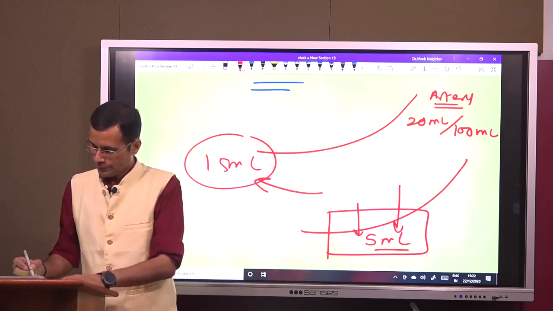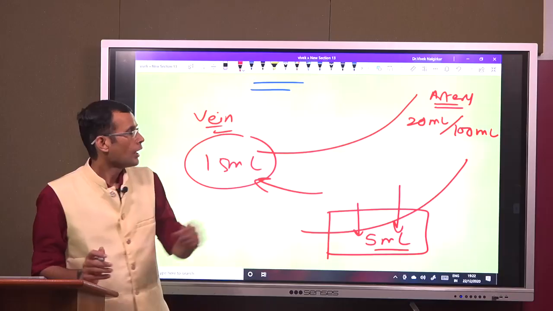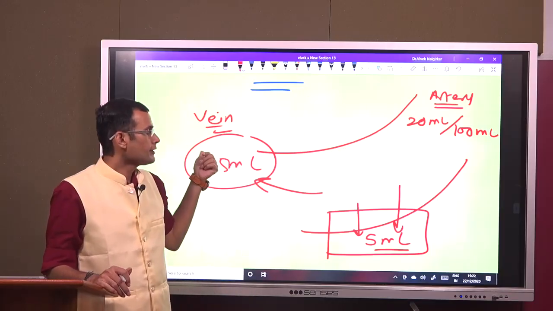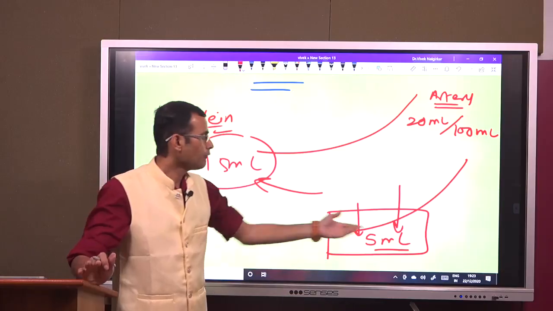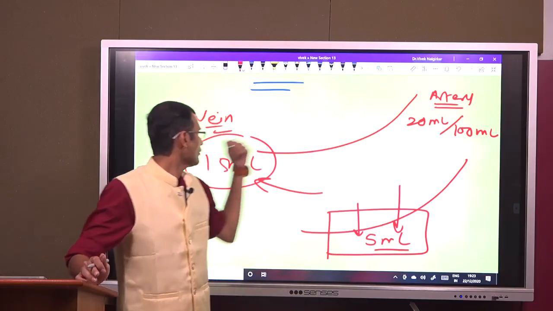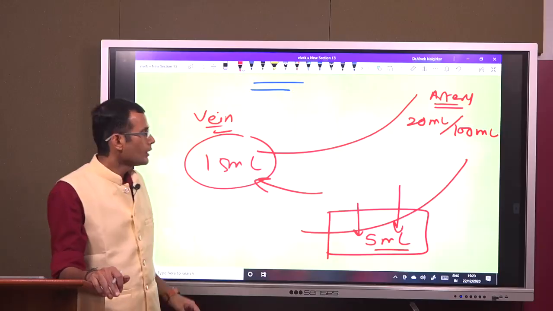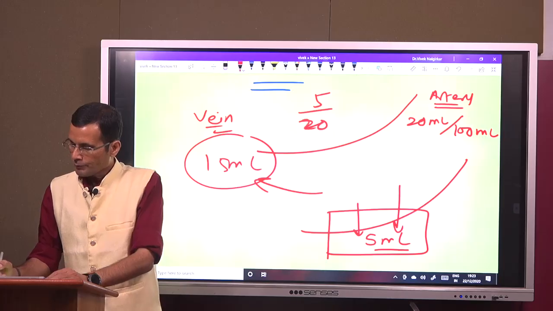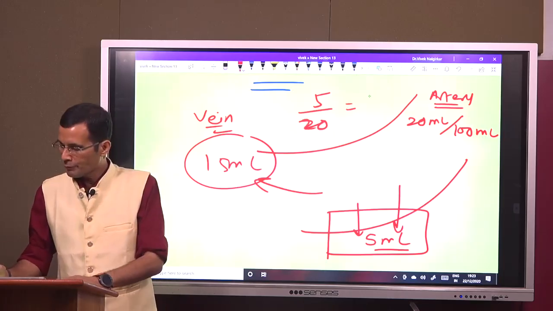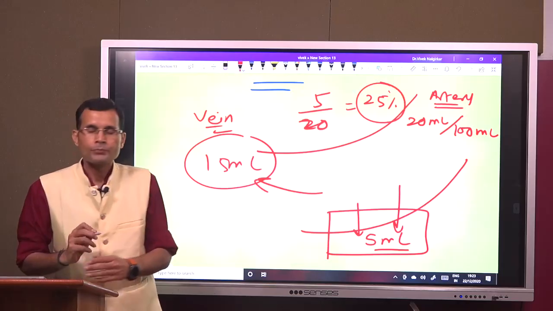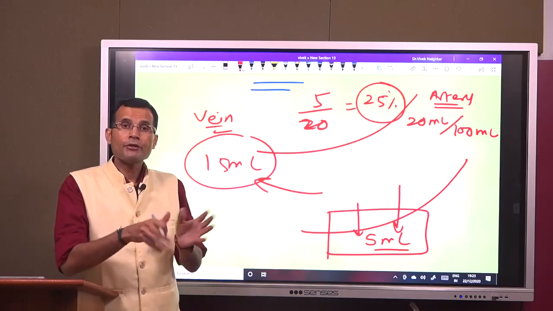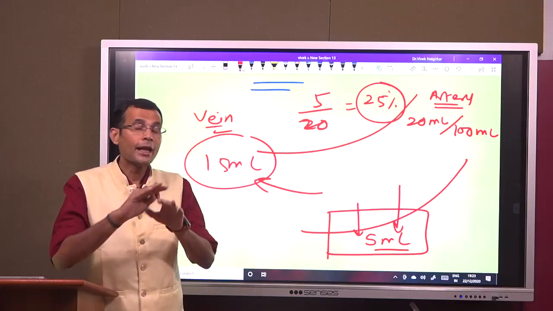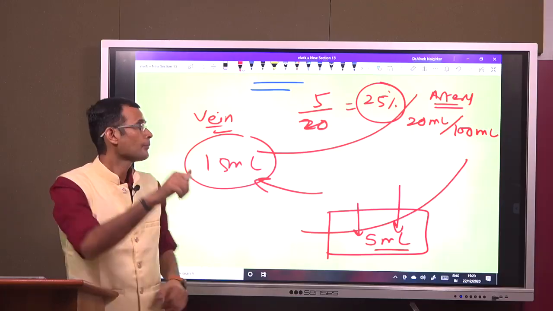And so, the arteriovenous oxygen difference is 5 ml, 20, 15, 5. So, 5 out of 20 is 25%. That's the AVO2 difference elsewhere in the body, okay.